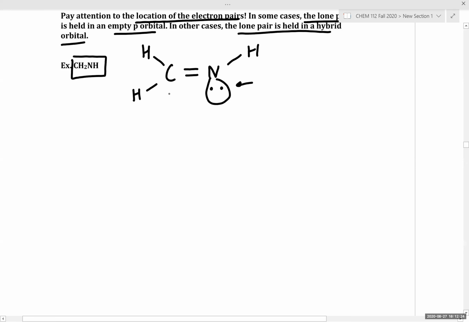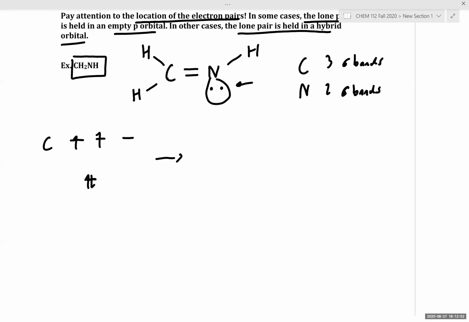Breaking this down, carbon wants to form 3 sigma bonds, and nitrogen is going to form 2 sigma bonds. Starting off with carbon, just like we've done time and time again, what hybridization will carbon adopt to form 3 sigma bonds? sp3.